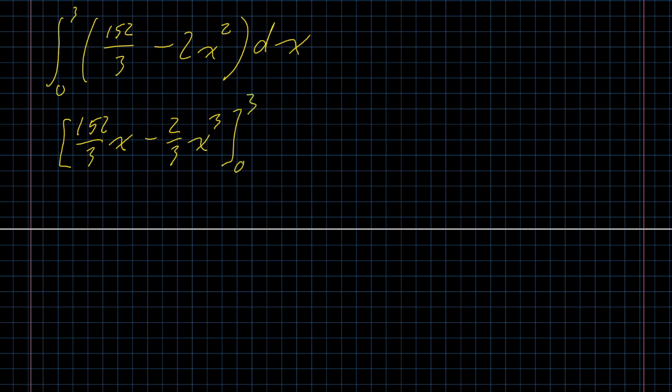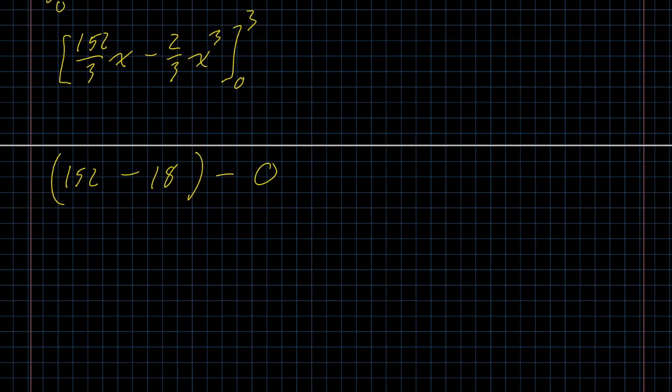Evaluate at our limits of integration. We end up with 152 over 3 times 3 is 152. 3 cubed is 27. 27 divided by 3 is 9. 9 times 2 is 18. And then plug in x equals 0, we get 0. So finally, 152 minus 18 is 134.